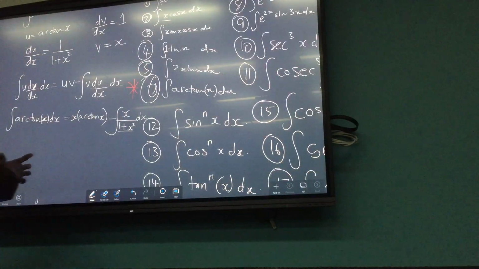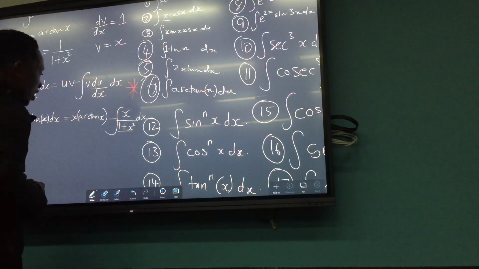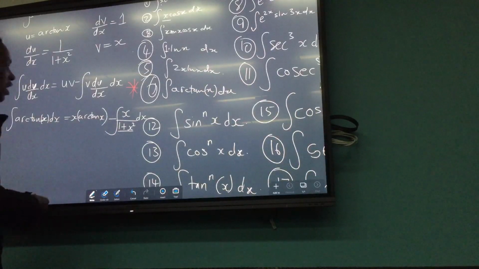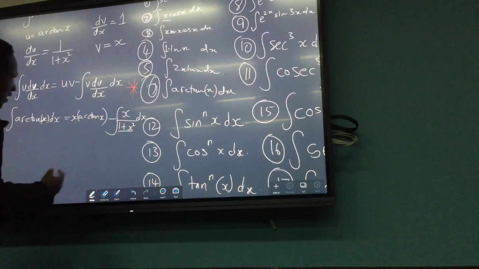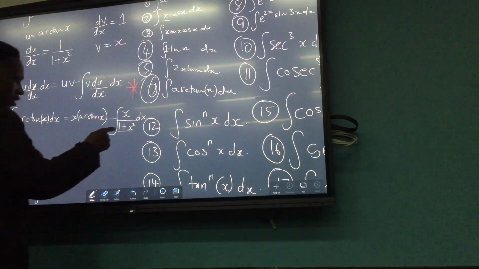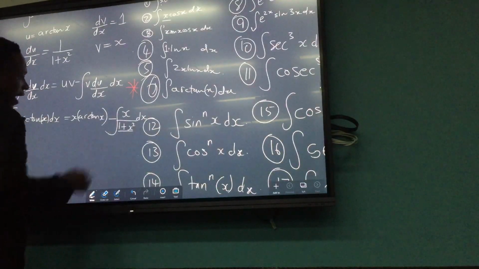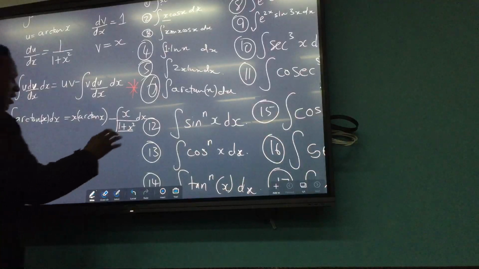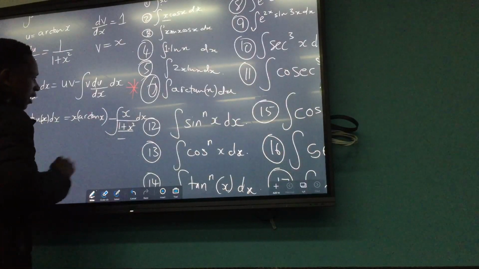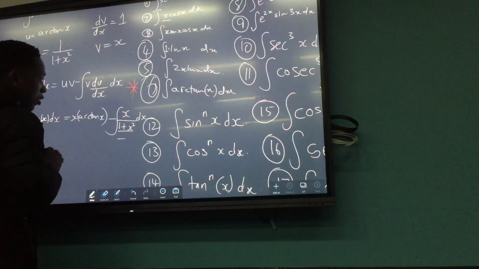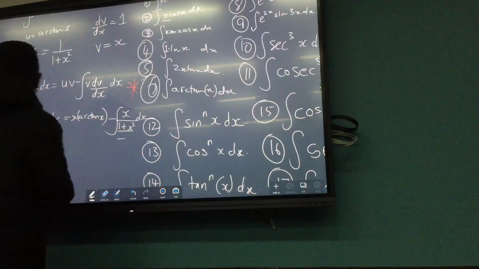If you derive your denominator and get something that is in your numerator, you just say the answer is ln of the denominator. But in this case, if we derive the denominator, we get 2x, right? Since we get 2x upon deriving the denominator, and we have x on the numerator, not 2x, it means we are going to have to adjust this a bit.